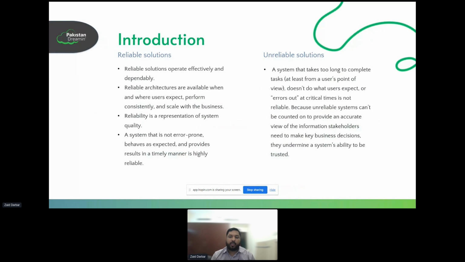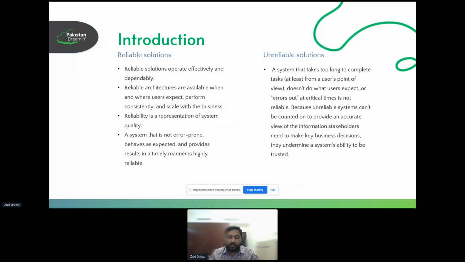It should be dependable. It should be available to perform what users expect it to perform, and it should consistently scale with business. Reliability is a representation of system quality, and it should not be error prone. If it is error prone, that doesn't mean there should be no errors, but it should behave the way users want or expect it to behave, in a timely manner. So it shouldn't take too long for any page loads or any such requests as well.